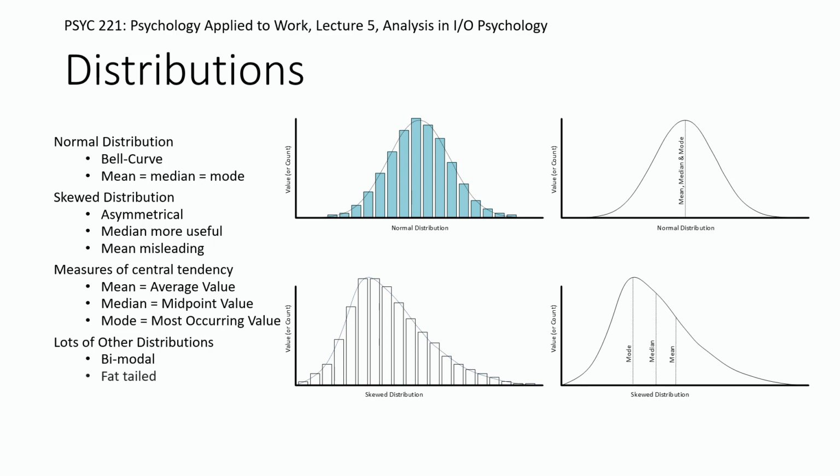You can also have fat-tailed distribution. So imagine that skewed distribution, but sort of stretch that tail out. Fat tail is a general term for where you have that flattened part of the distribution, but it stretches out fairly long, and so at any given point along that tail, you don't have a lot of occurrences.